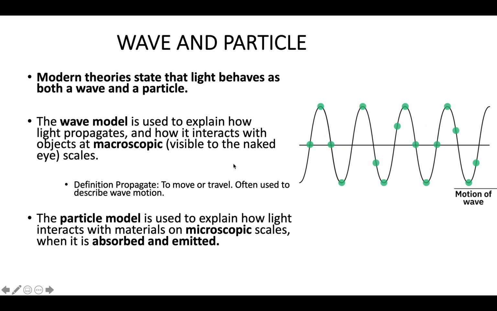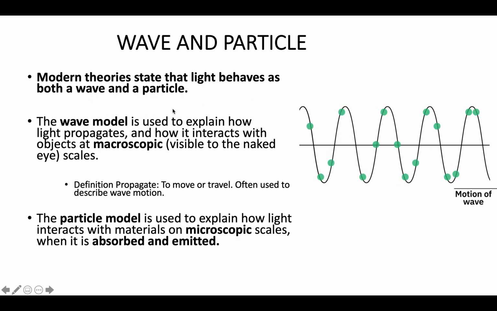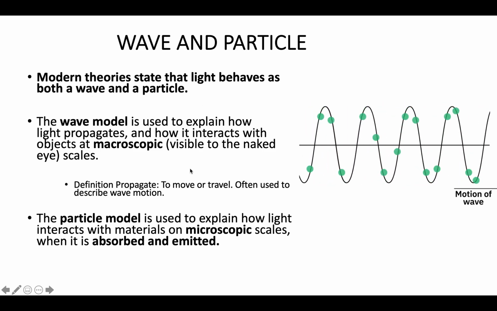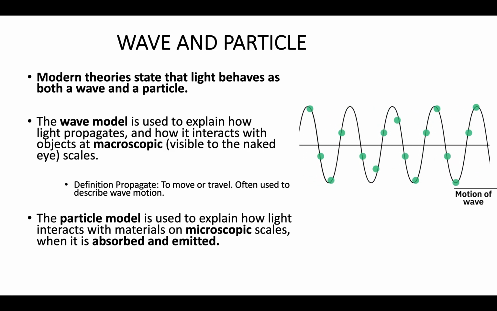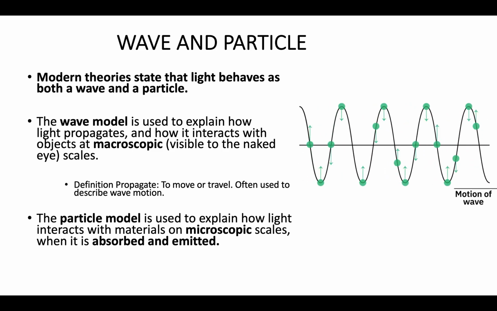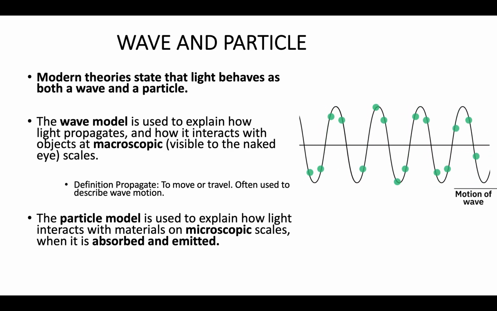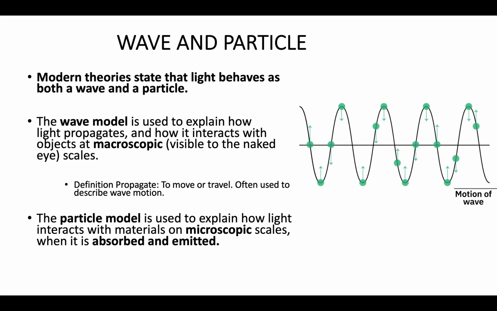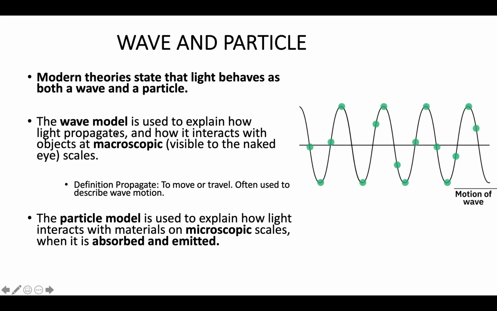So here we are looking at wave and particle. Modern theories say that light behaves as both a wave and a particle. Now, the wave model is used to explain how light propagates and how it interacts with objects at macroscopic scales, that is, visible to the naked eye. Why do we call it a model?